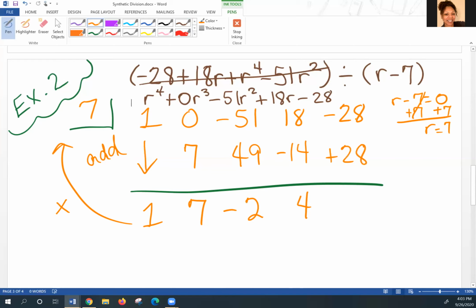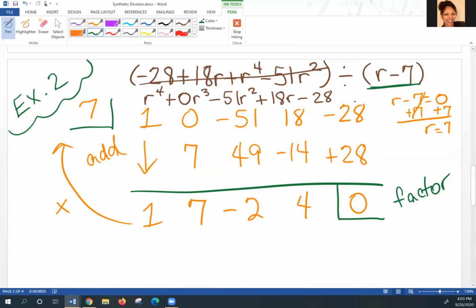So negative 28 plus 28 leaves me with 0. So if that happens, that means that I don't have a remainder. And that also means that this divisor is, in fact, a factor of this polynomial.